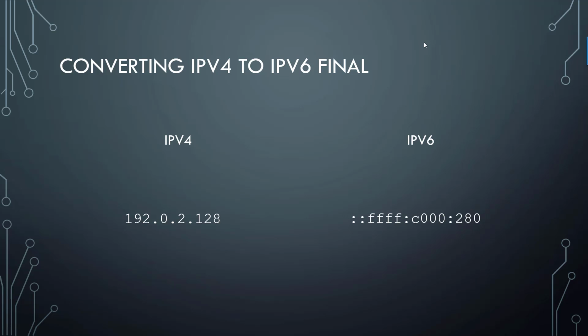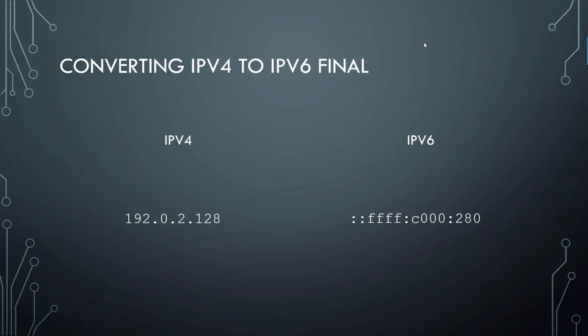Again, when we convert IPv4 to IPv6, we have not changed any of the ones and zeros that represent that device. All we have changed is the human understanding of the labels of what those ones and zeros are. So we've changed the human representation of that 64-bit string of ones and zeros that represented 192.0.2.128, and we converted it to the IPv6, which is actually C000:0280.